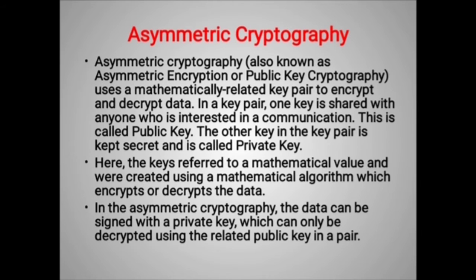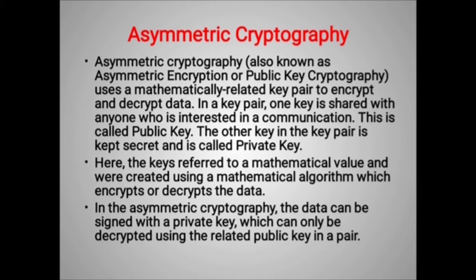The public key is always shared with anyone who is interested in the communication, and the other part is always kept secret. Data can be signed with the private key, but can only be decrypted using the related public key in the pair. So whenever we have both keys, only then will the data be decrypted, or changed into a readable form.